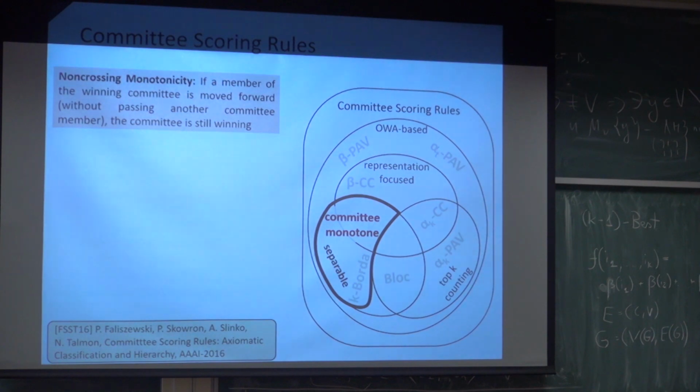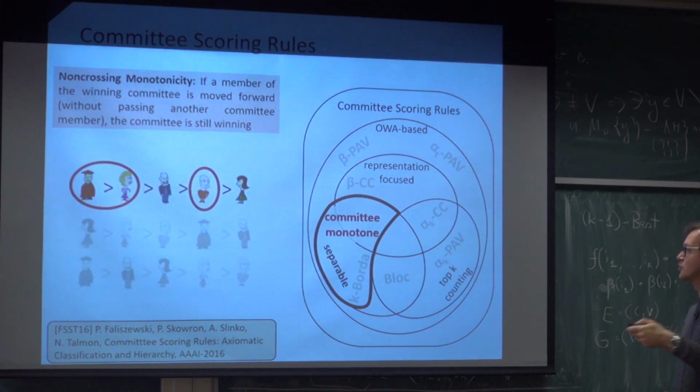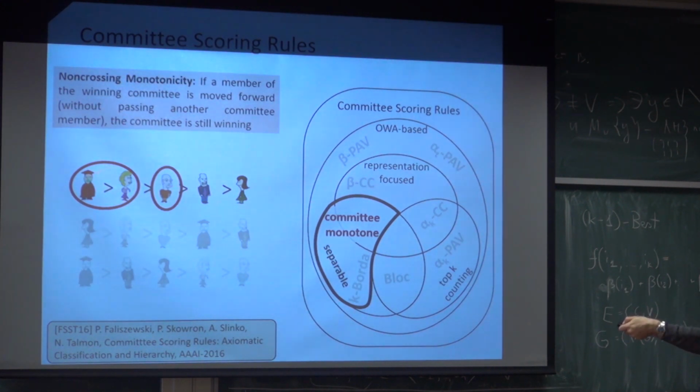On the other hand, we also have something called non-crossing monotonicity. I told you about candidate monotonicity, where if I improve somebody's position, he's still a winner, but maybe the whole committee changes. Here, in non-crossing monotonicity, I'm saying that, for example, if I push this orange guy and he improves his position, but he doesn't pass any other committee member, then the committee is still winning.